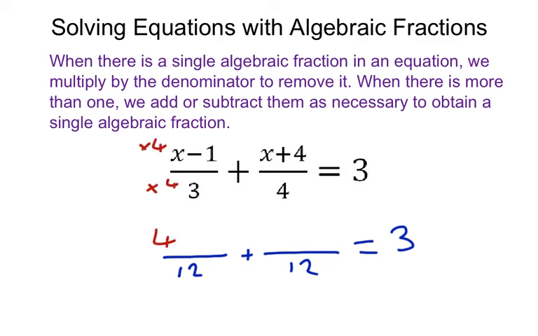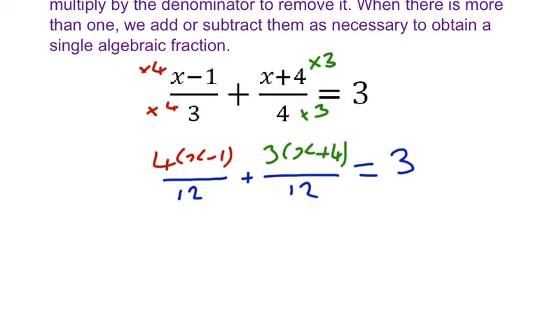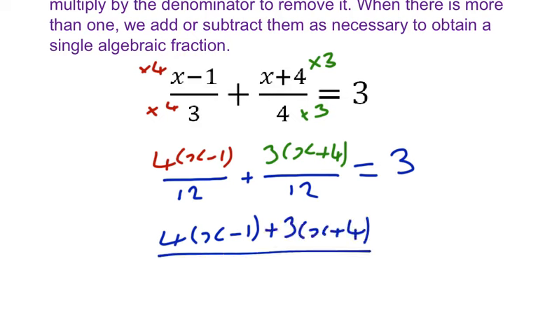So that gives us 4 brackets x minus 1. And for the second one we had to multiply by 3, so we have to multiply the top by 3, giving us 3 brackets x plus 4. Now we combine the fractions and we get 4 brackets x minus 1 plus 3 brackets x plus 4 all over 12 is equal to 3.